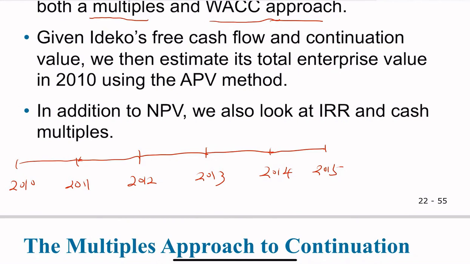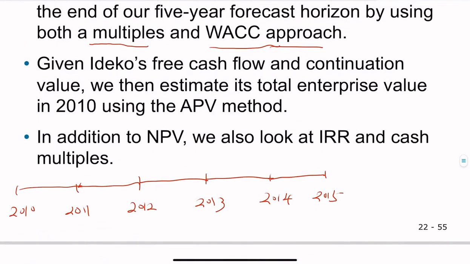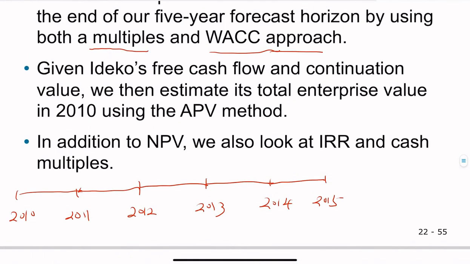And at the end of 2015, you will want to sell this firm. So you will want to estimate a terminal value at the end of your investment period. So you will calculate V2015, right? That is the firm's terminal value at 2015.